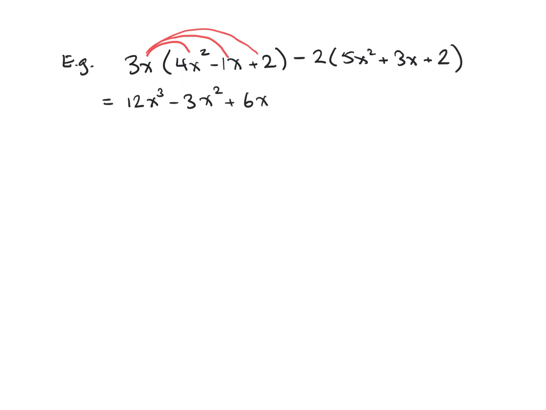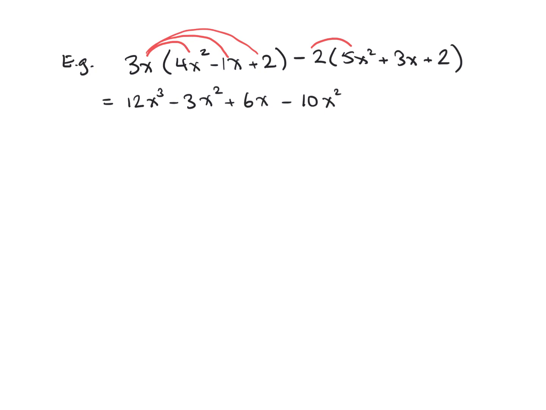The second bracket, we do the same. Now be careful, the 2 has a minus sign in front of it. It is negative. So you have to think negative 2 times positive 5x. The number part will be negative 10, and the letter part will be x squared. Sorry, it's not x, but x squared.